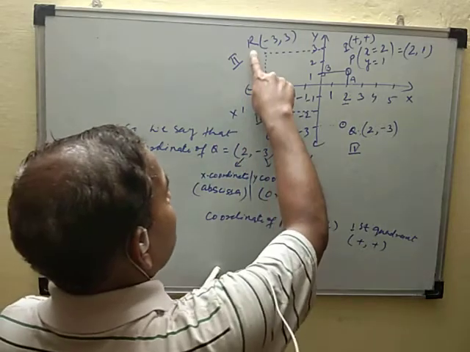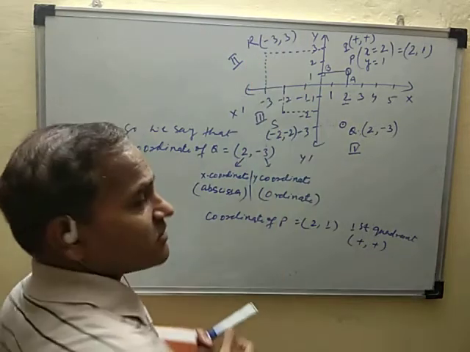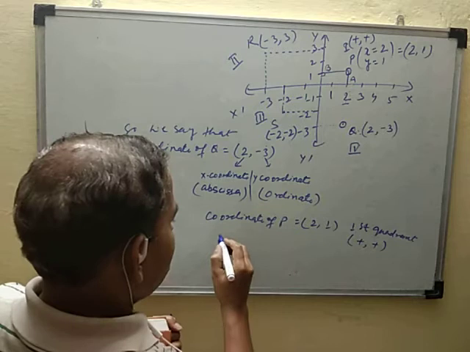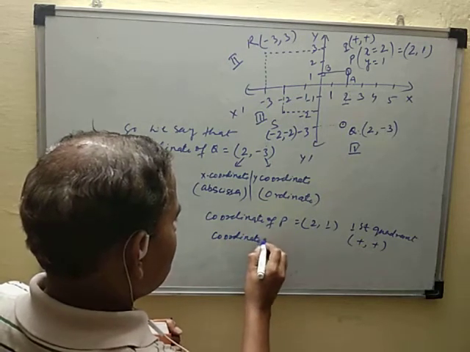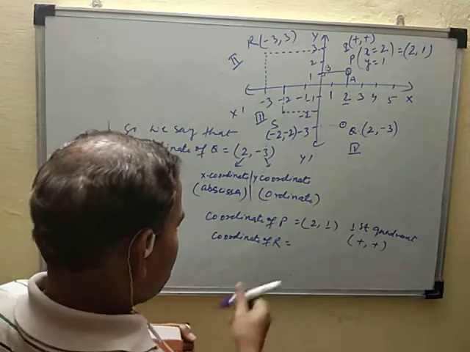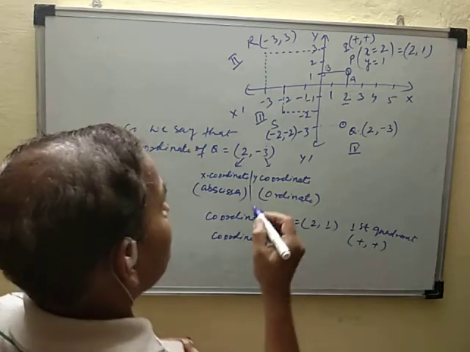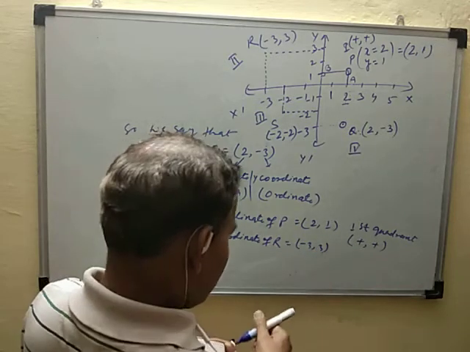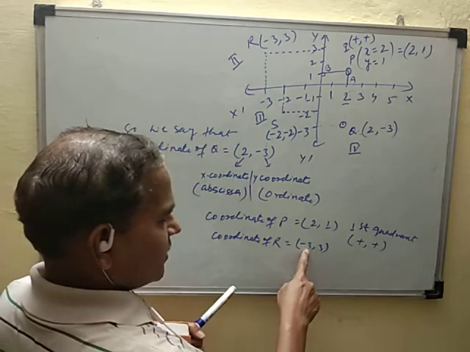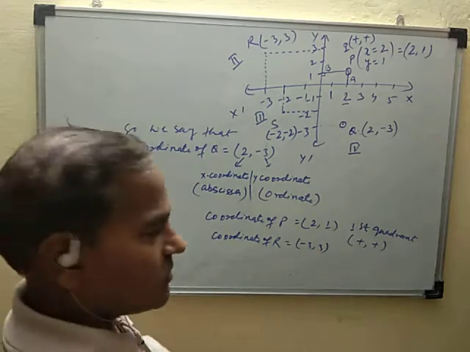This point R lies in the second quadrant, and what is the coordinate of R? The coordinate of R is (-3, 3), that is x negative and y positive.